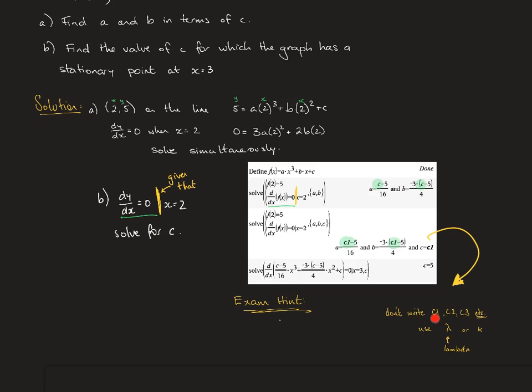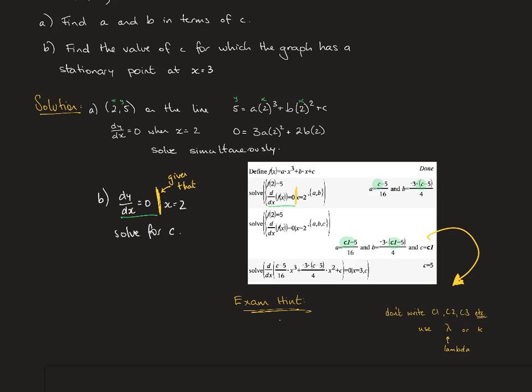Now, the reason you get c1, c2, and c3 is every time you need a constant, your calculator will use the letter c, and then just increase the number by 1. So the first time, in a document, you'll see c1. The second time you have an extra constant, it'll say c2. The third time it'll say c3.